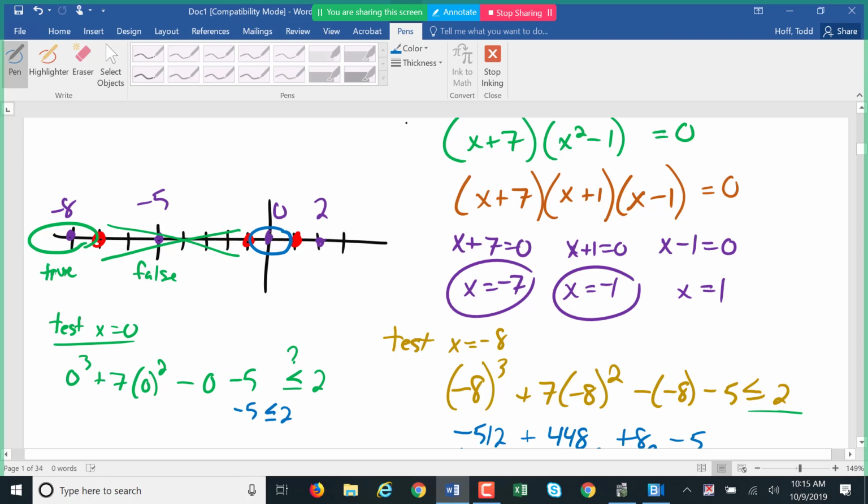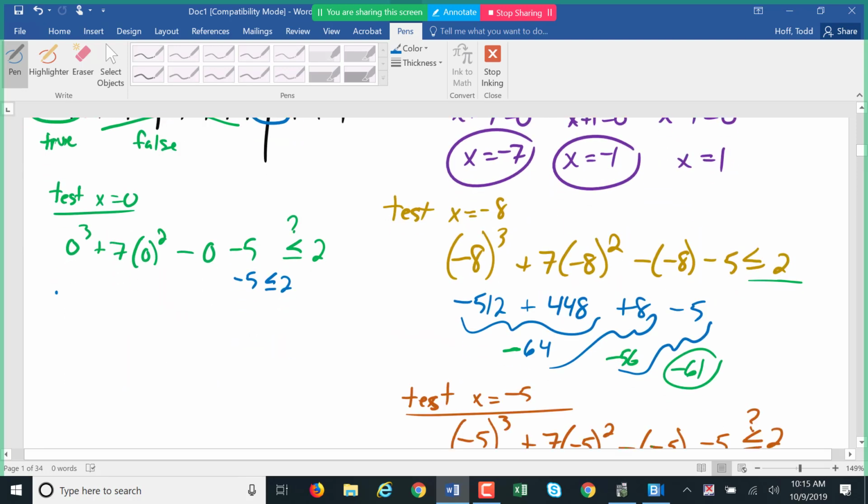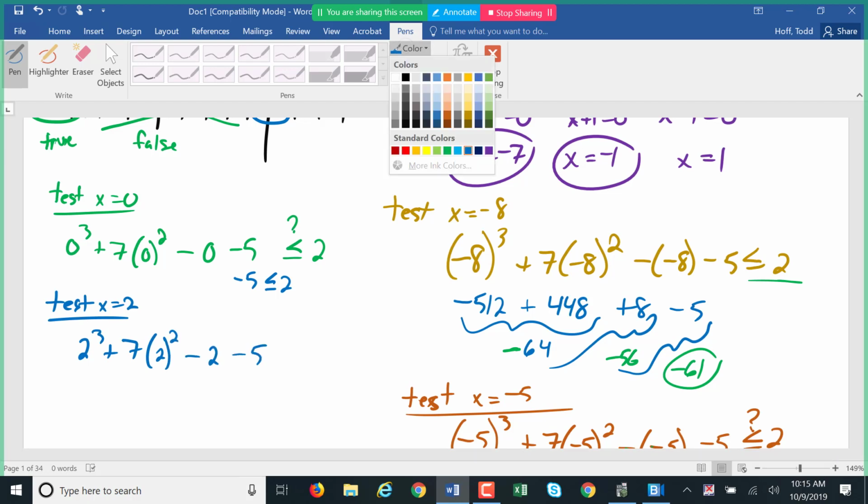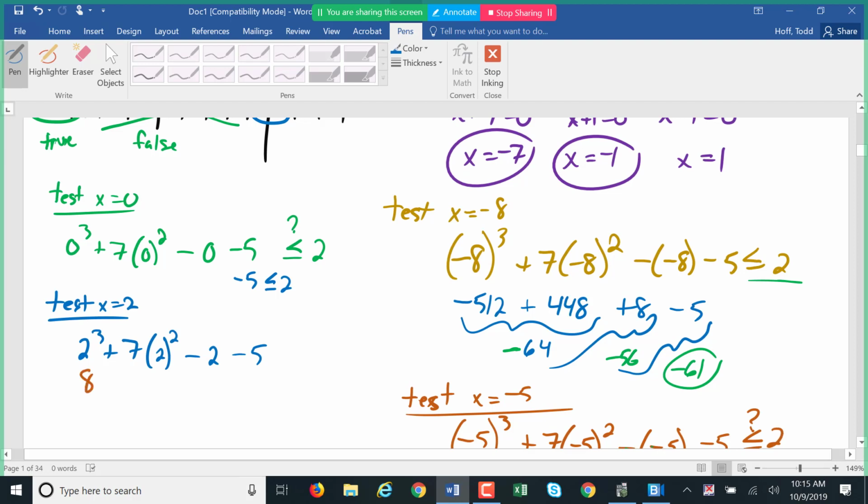Let's test the 2. 2 to the third plus 7 times 2 squared minus 2 minus 5. So 2 to the third is 8. 2 squared is 4 times 7 is 28. 8 plus 28 minus 2 minus 5 is 29. That is definitely not less than 2. So we're not true over there.